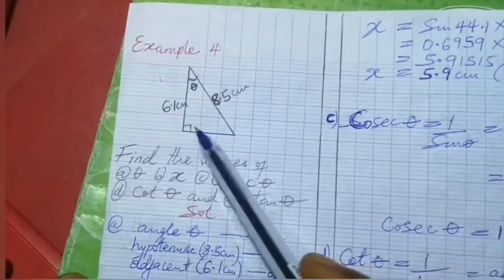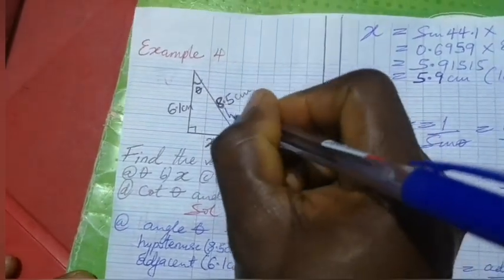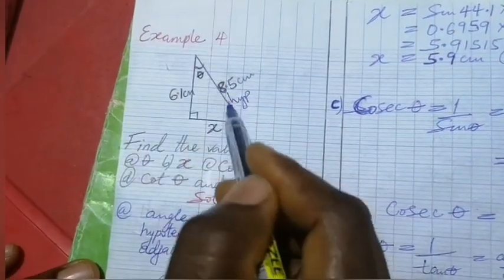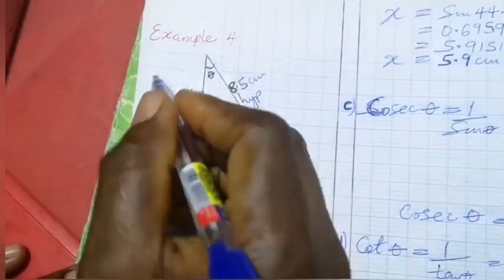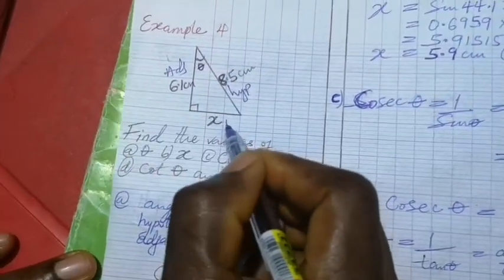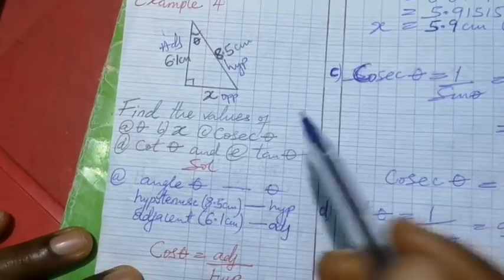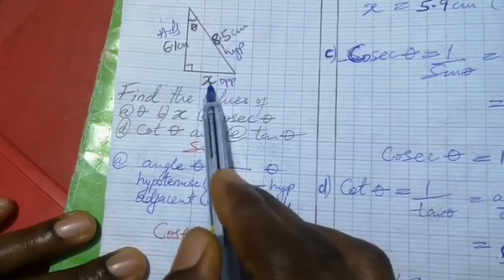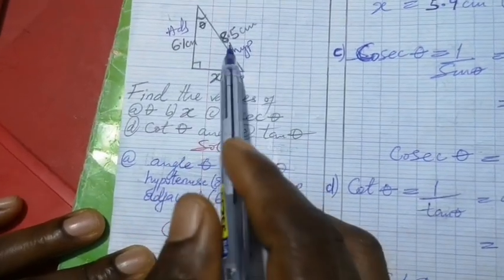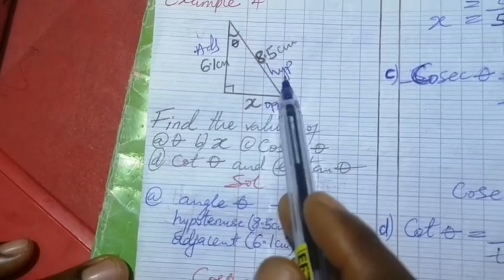So from what we have here, this is our hypotenuse, and this is our adjacent, and this is now the opposite, okay? So x is opposite, 6.1 is adjacent, 8.5 is the hypotenuse, okay?